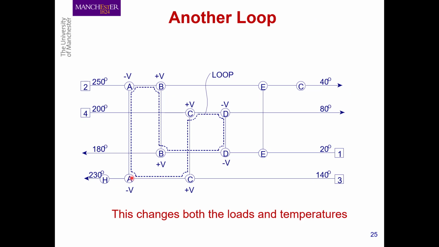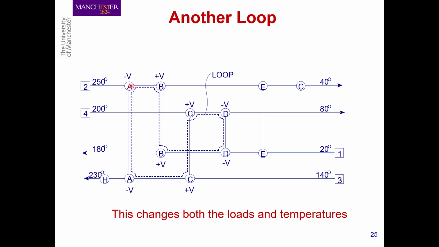So here is another example of another loop. Here, for example, we are starting at unit A, and then we go to C, then D, then B, and then finally we finish at A. So the reason we are calling it a loop is because we started at A and then we finished at A. So we are in a closed loop.